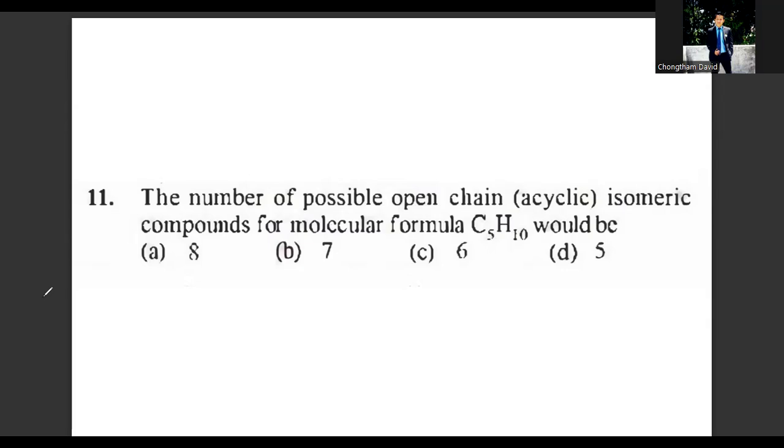So for writing the isomers, first introduce a double bond at different possible positions and then consider the possibility of branching the alkyl group. This is a standard question. Okay, the question is not asking you for closed structure, only open structure. So when you find out all the possible structures, you will get the answer.